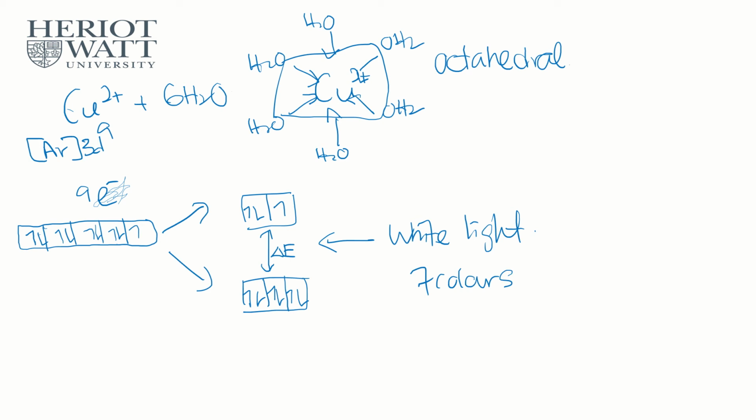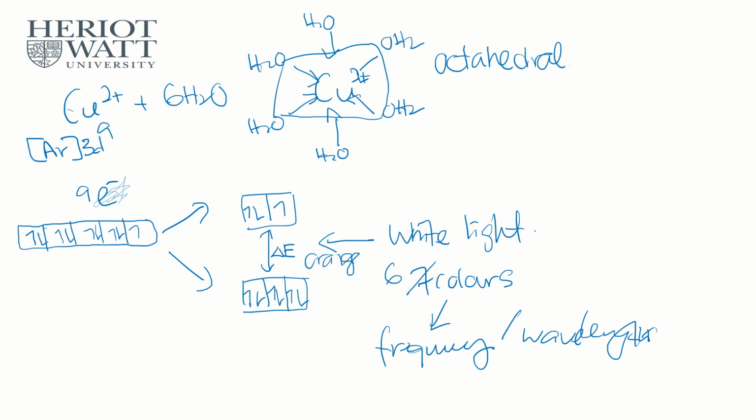Different colors have different frequency or wavelength, and different frequency or wavelength means different energy. Now, if one of the colors matches the energy difference, the energy gap here, then it will be absorbed. Let's say of the 7 colors, they only absorb the orange, because the orange color has the same energy value as the energy gap.